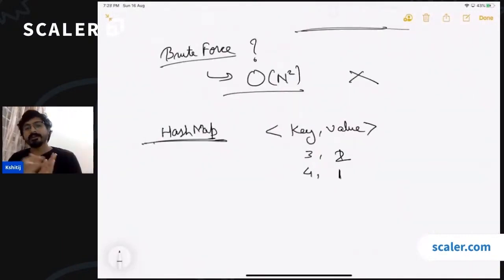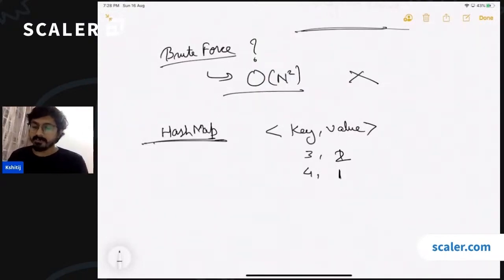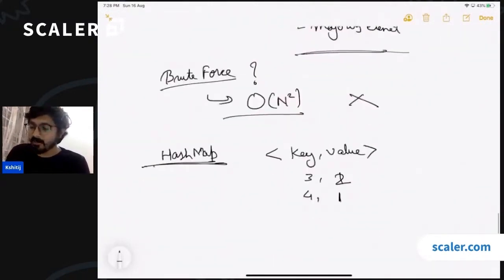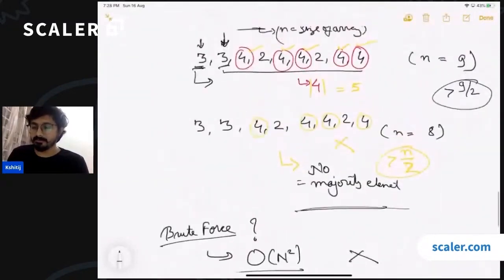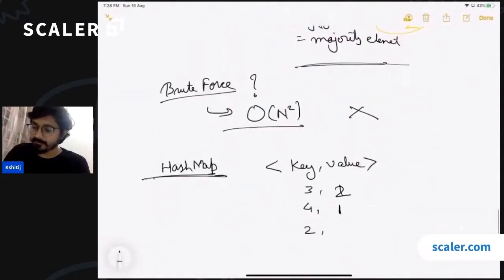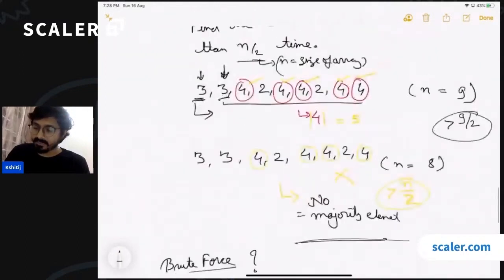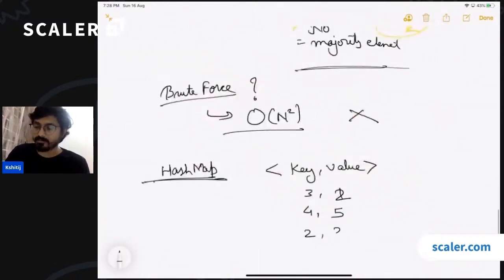After you have iterated over the whole array, it's totally like a dictionary in Python, you will have all the array elements along with their frequencies. So 4 will be 5 at the end because the frequency of 4 is going to be 5, the frequency of 3 is going to be 2, and 2 is also going to be 2.